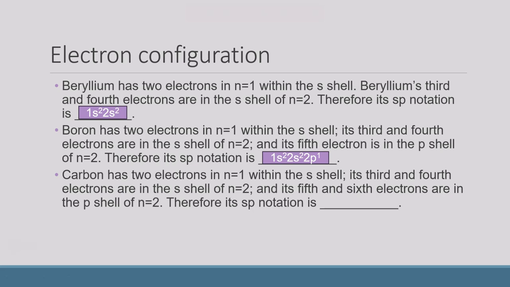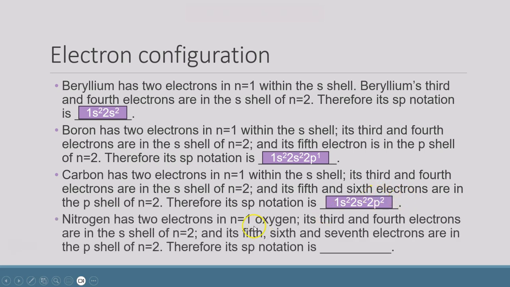Carbon's electron configuration: well, its 1s shell is full, its 2s shell is full, and in the second energy level, it has 2 electrons in the p shell. Nitrogen has a total of 7 electrons, so it's going to be 1s2, 2s2, and 2p3.